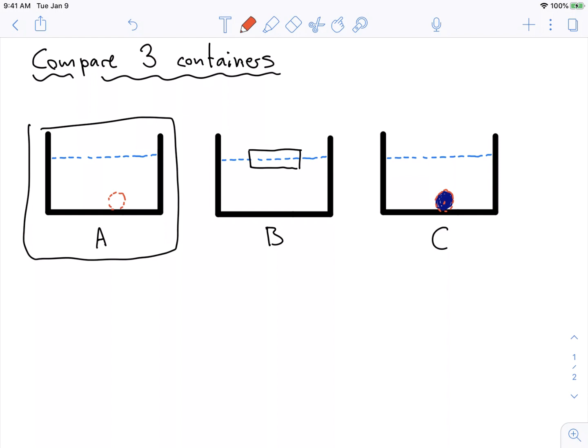And because it's taking up the same amount of volume as this little bit of water, I know that container C must weigh more than A, right? So that's something I know. So I guess maybe I'll put it over here. Container C is greater than A. And I think that comes fairly straightforward.